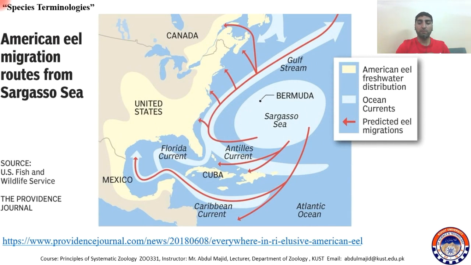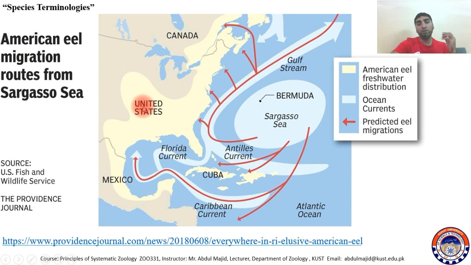For example, we will take the American eel, Anguilla rostrata. This American eel migrates from all over Canada, the United States, and Mexico. Anguilla rostrata, these eels, actually live in fresh water.